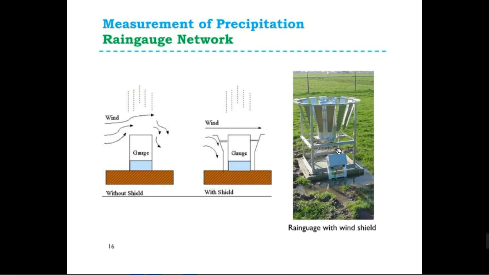So we know why we need to measure the rain. This is an important parameter in irrigation technology. If you go to an irrigation department as a technical officer, you have to know about rainfall measurement.